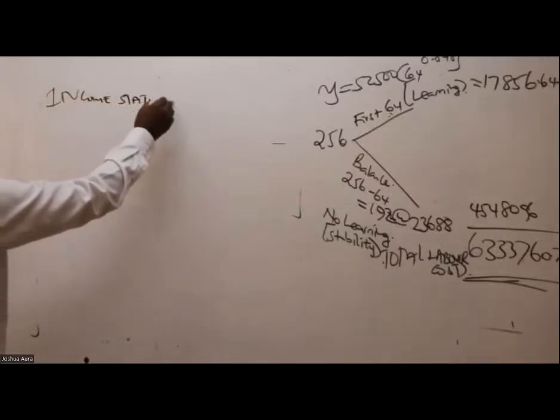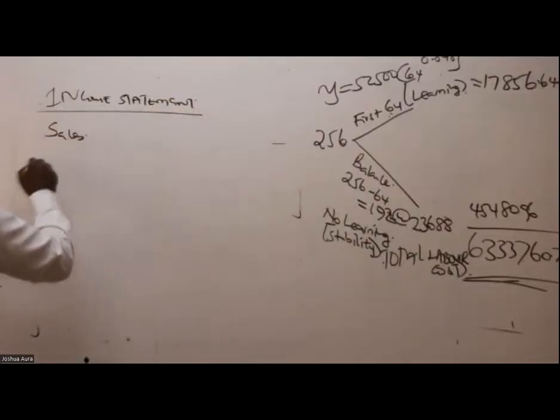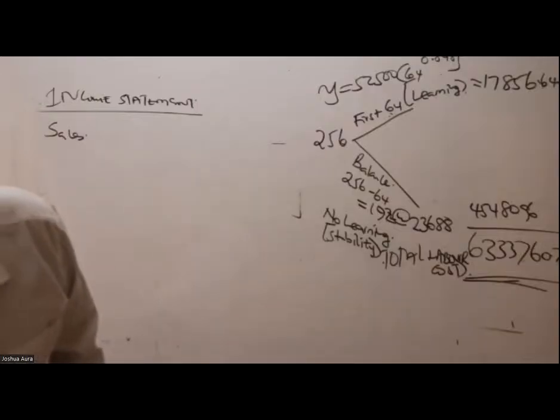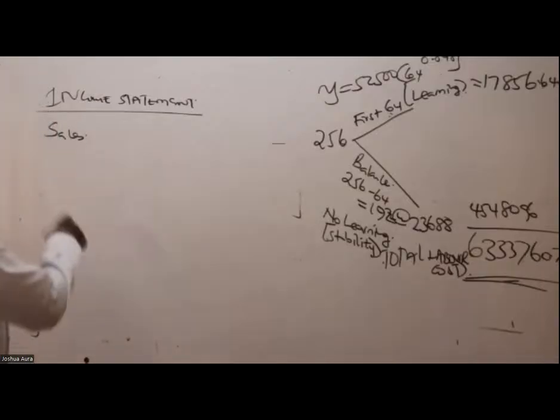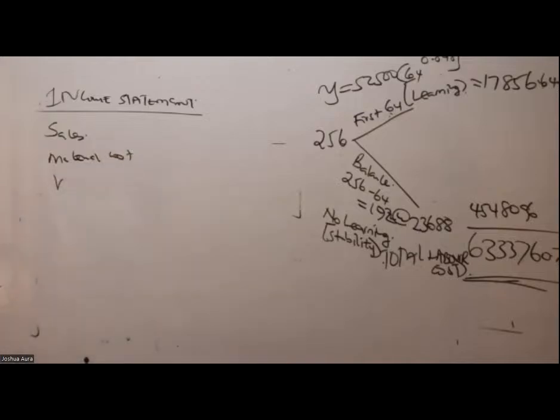An income statement. So in the income statement, we have sales; you go by the one given there. We have material cost, a variable material cost. After material cost, we have labor cost.